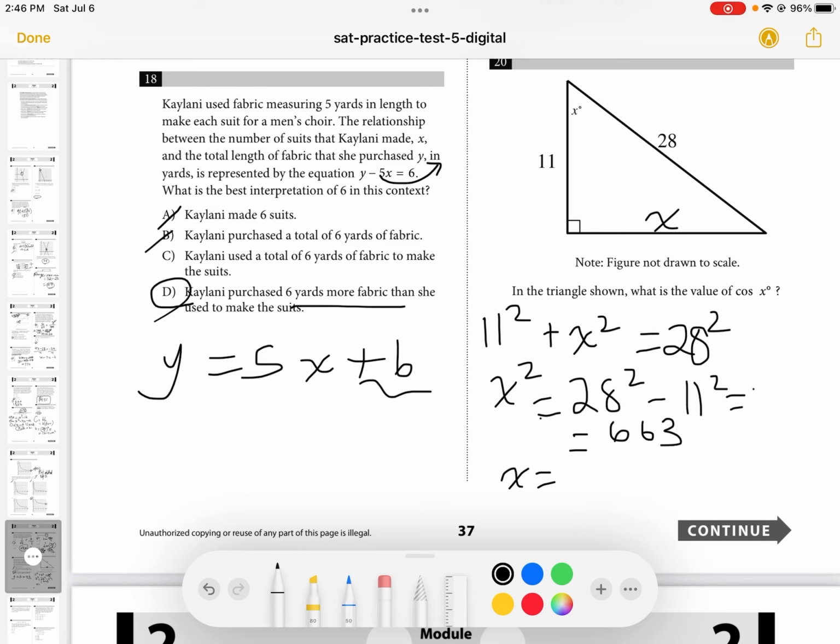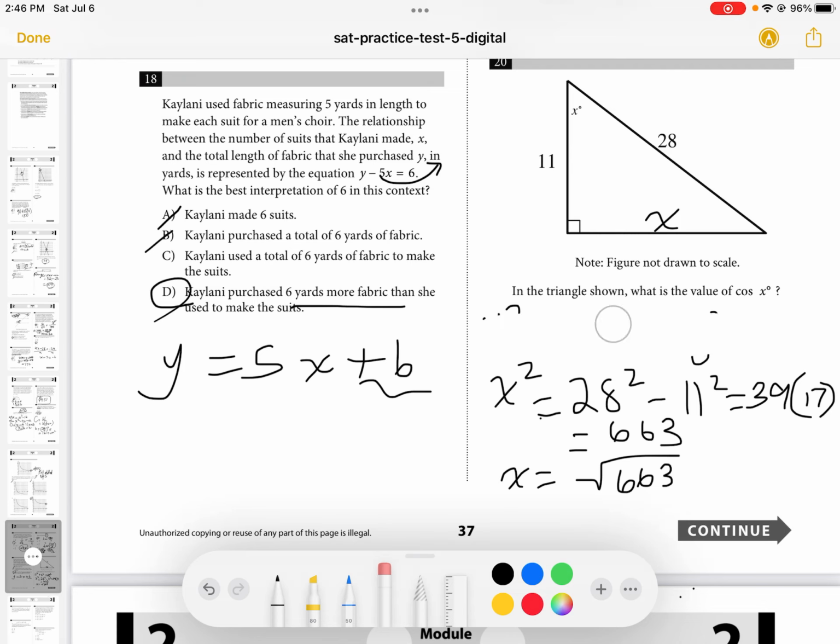So this part is equal to 39 times 14. Well, no, not 14. Hold up. Times 17. So we don't have any squares in its prime factorization. So x is just equal to the square root of 663.